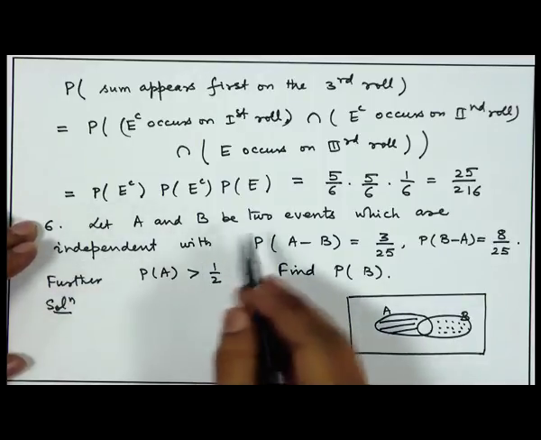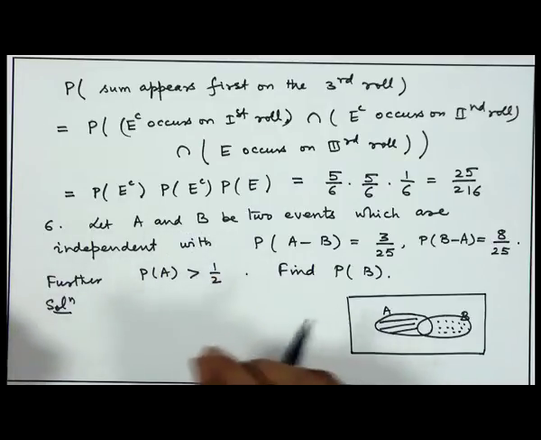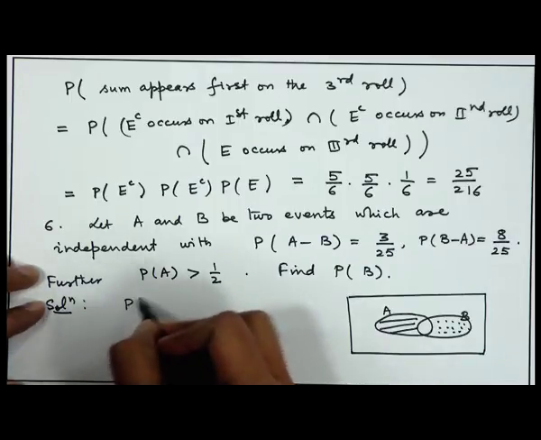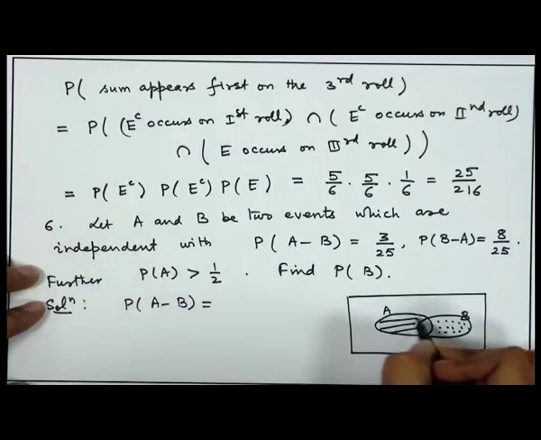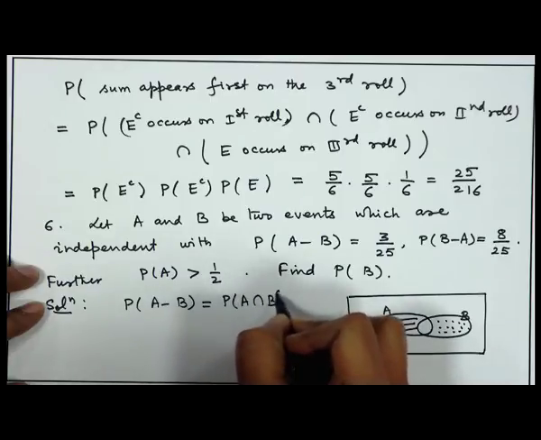In order to make use of independence, I need probabilities which have intersections available to us. So, what is given to us? Probability of A minus B. Now, A minus B, as you can see, is also probability of A intersection B complement.